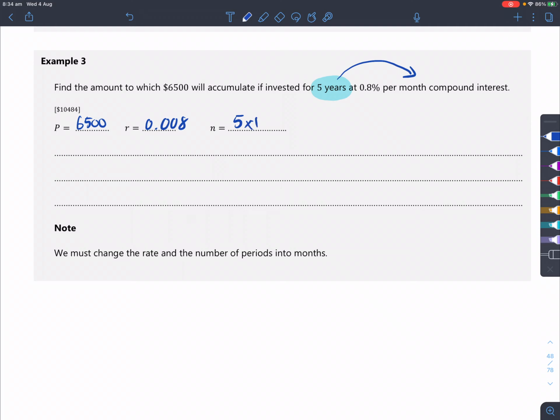So that's 5 times 12, which is 60. Now, A would equal to 6,500 times 1 plus 0.008 to the power of 60 this time. And approximately what this is, 10,484.44. Okay? All right. Let's move on.